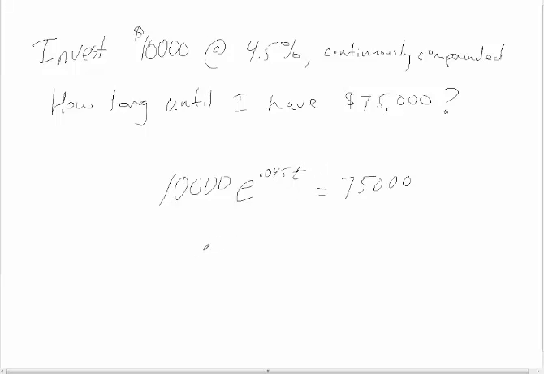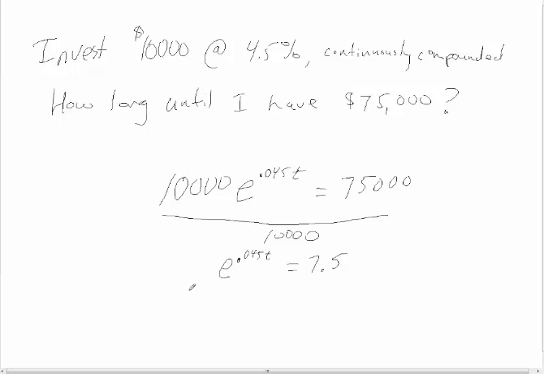So how long will it take? How we solve this problem, divide by 10,000 on both sides. So e to the 0.045 t equals 7.5. Now we don't have algebraically a way to solve for t when it's the variable.